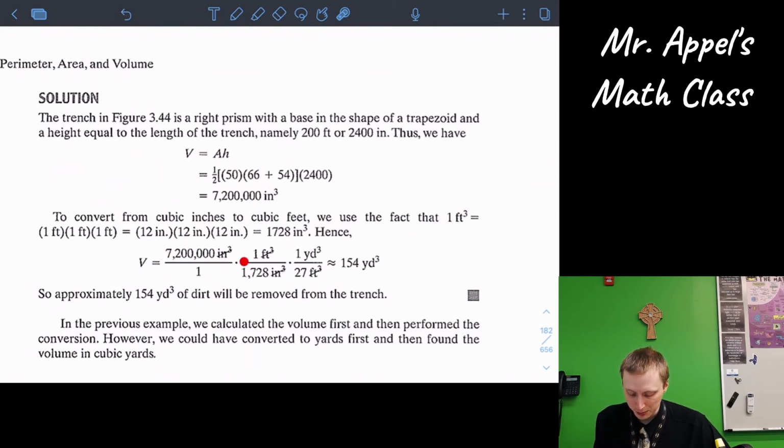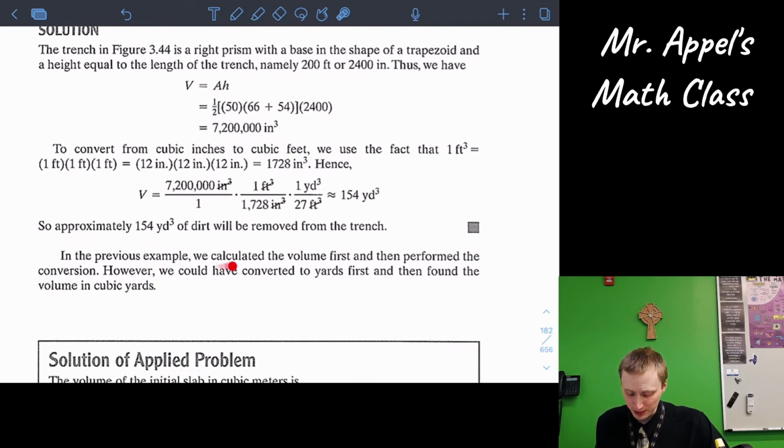Set that over 1, multiply by 1 foot cubed over 1,728 inches cubed, so that the cubic inches reduce, cancel out. And much simpler, from cubic feet to cubic yards. 1 yard is 3 feet, so 1 cubic yard is 3 times 3 times 3, or 27 cubic feet. Now the cubic feet are reduced, we're left only with yards cubed, for a total of about 154 cubic yards. So that is approximately how much dirt will be removed from the trench.